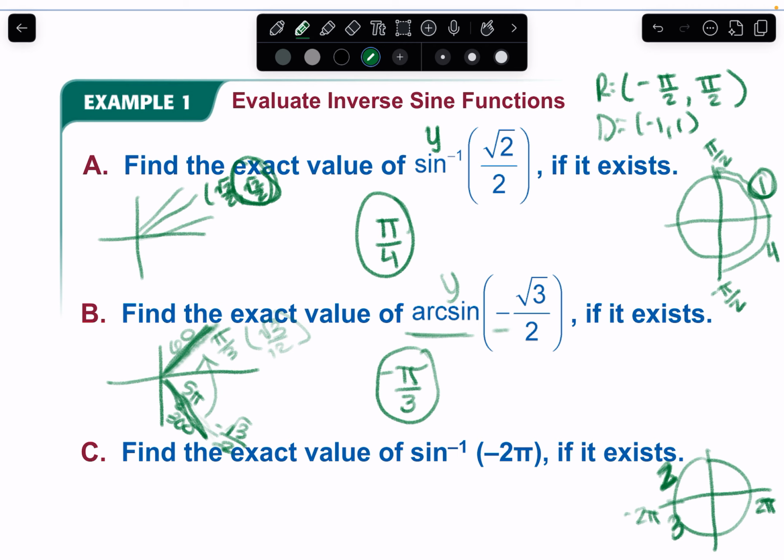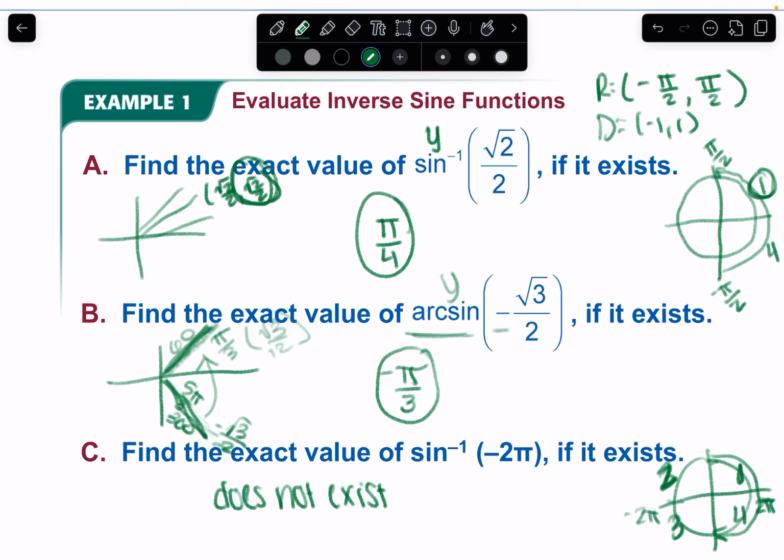Because of my range rule, I need it to be somewhere between quadrant 1 and quadrant 4. There's no way to reflect that over in this one. So when it says if it exists, this is one where it does not exist. The other way you can also think of that is there's no 2 pi y value.